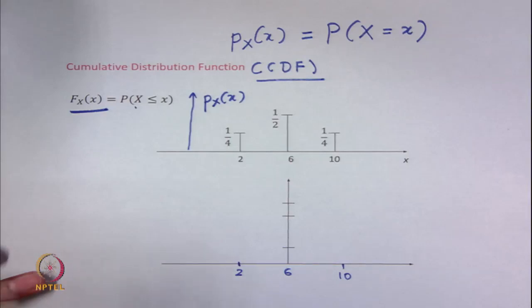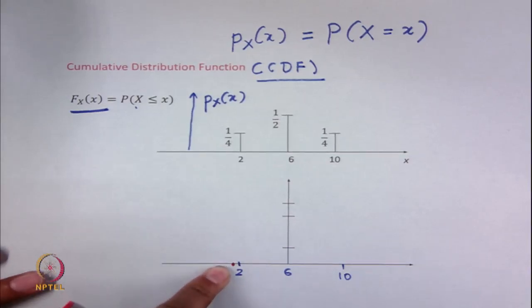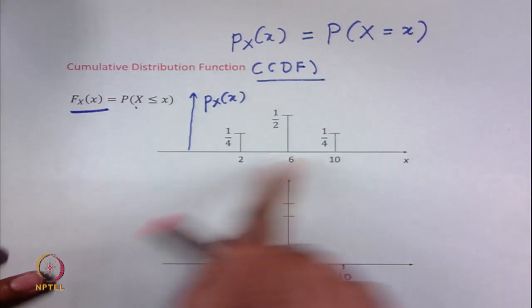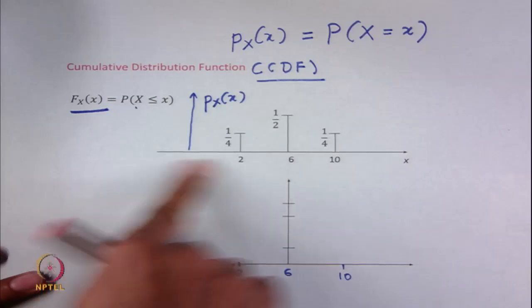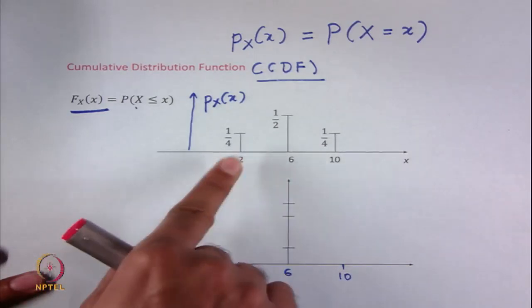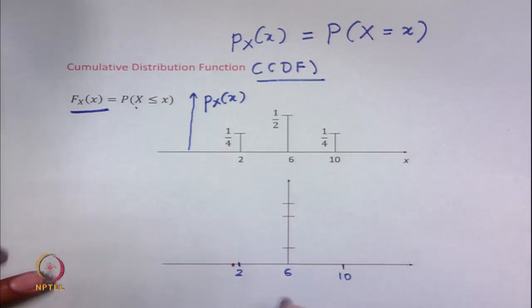What is the probability that this random variable takes a value less than 2? Let us say at this point very near to 2. What is the probability that this random variable takes a value, let us say 1.9? The probability is 0, because this random variable takes only these 3 values, 2, 6 or 10. It does not take any other numerical value. So, probability of a random variable taking a value less than 2 is 0.